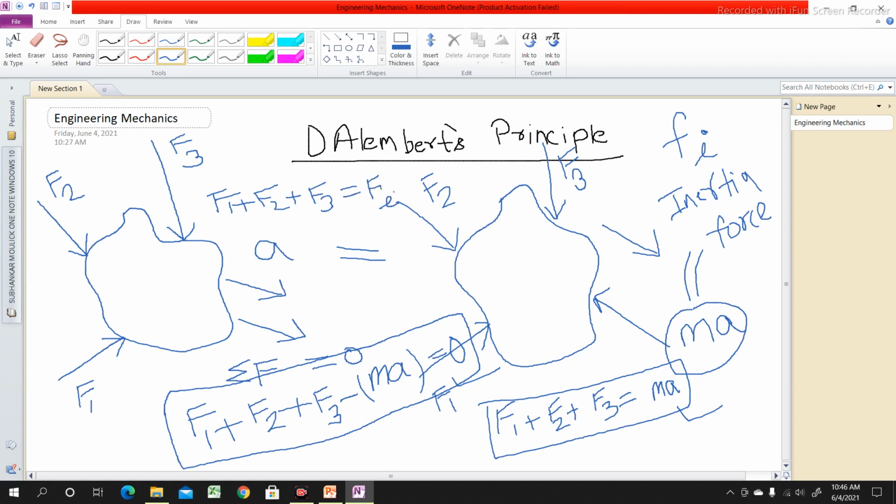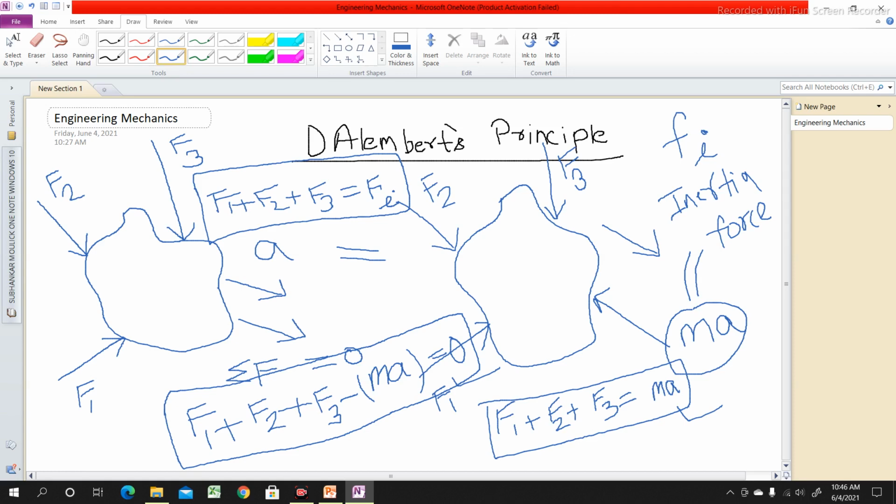What is Fi? Fi is nothing but ma, and this Fi is known as the inertia force of the body. What is m? m is the mass of the body, and what is a? a is the acceleration with which the body is moving. So this is all about D'Alembert's principle.